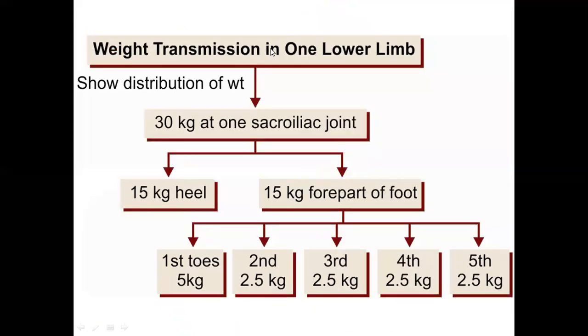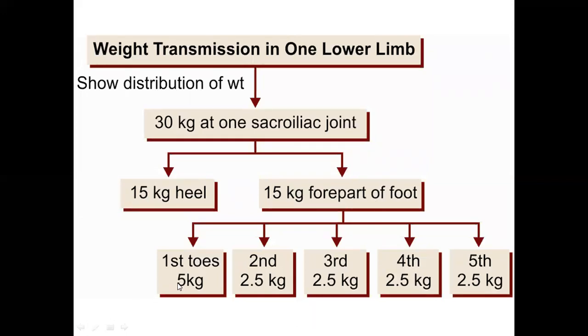Now, weight transmission in one lower limb. Suppose the person weighs around 60 kg. One side of the body weight, assuming, is 30 kg, which falls on one sacroiliac joint. Of this, 15 kg is on the heel and the remaining 15 kg is on the anterior aspect of the foot, the fore part of the foot.